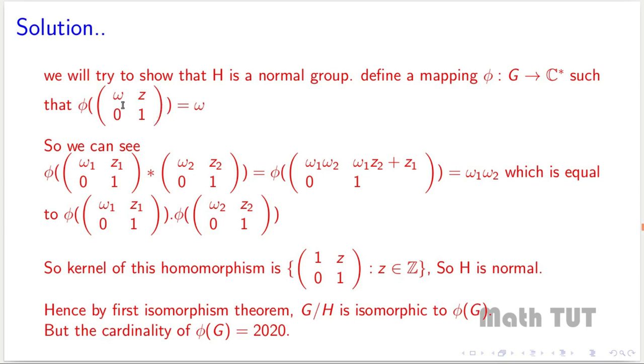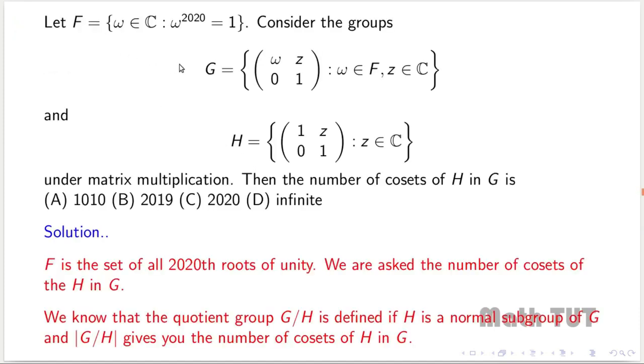For the next set of elements, if you take the second root, say omega, you vary all the Z's and get another set of matrices which will all be mapped to omega. So phi of G is the set of all omegas where omega raised to 2020 is 1. That means you get all the 2020 roots as the images.